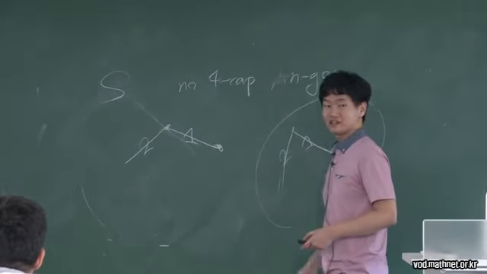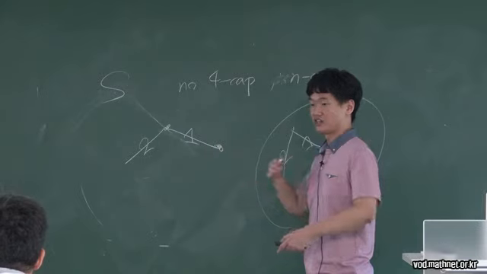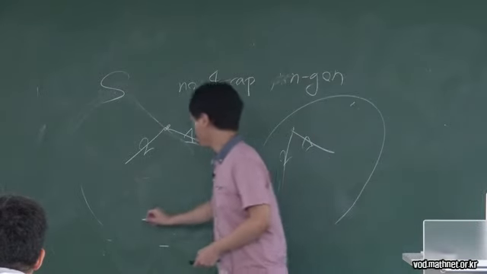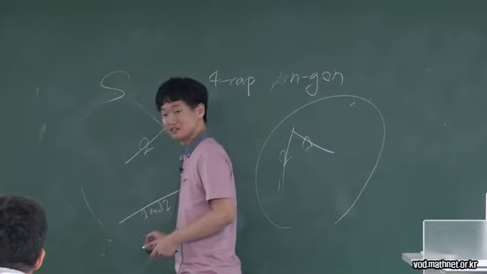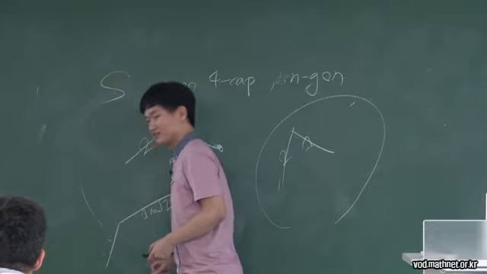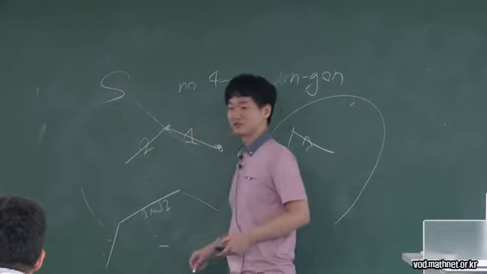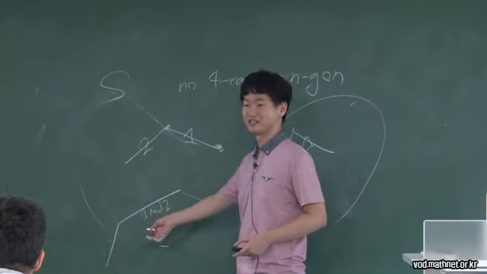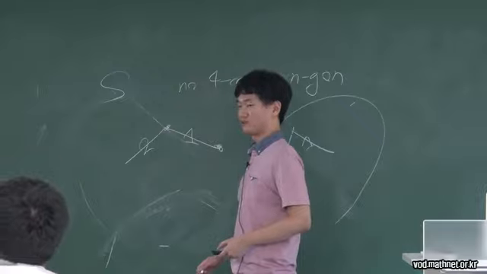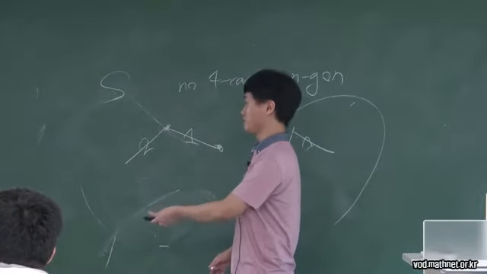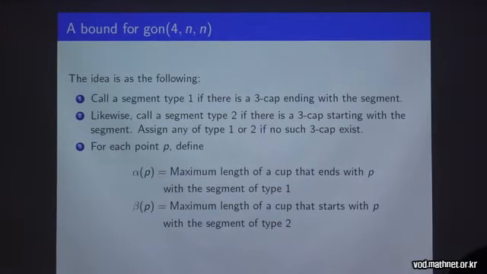And you can see that this definition does not contradict itself. If we had a segment of both type 1 and 2, then we get a cup here and a cup there so that we have a 4-cap already. So everything is either type 1 or type 2, and we assign neither type if there is no such cap.